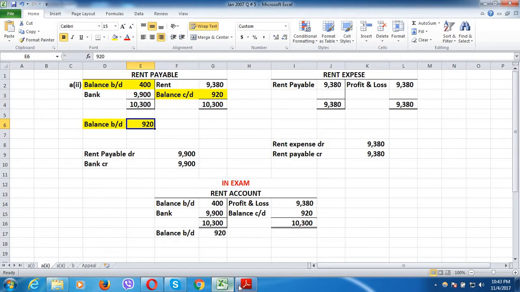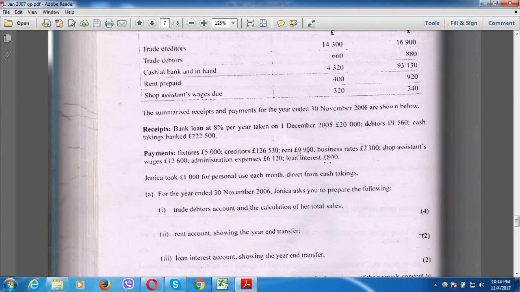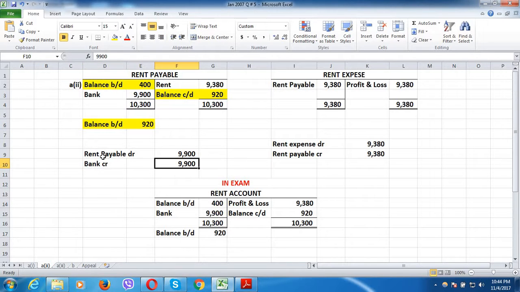Then it was told in the question that rent was paid. Here it is, rent 9,900 pounds in the payment section. So for this transaction, the journal will be bank credit 9,900 and rent payable debit 9,900.